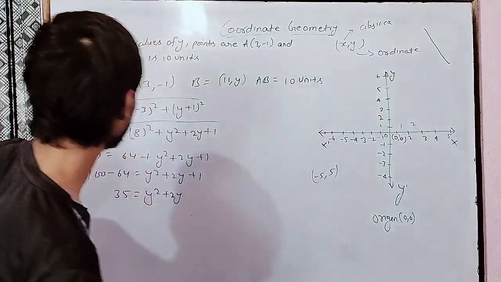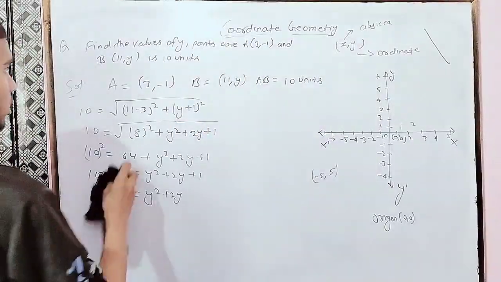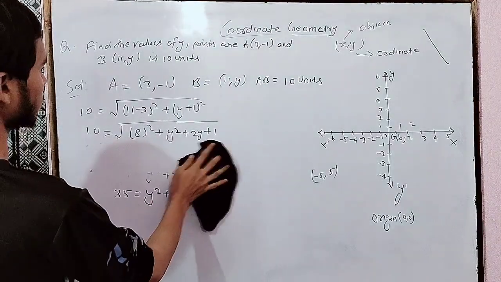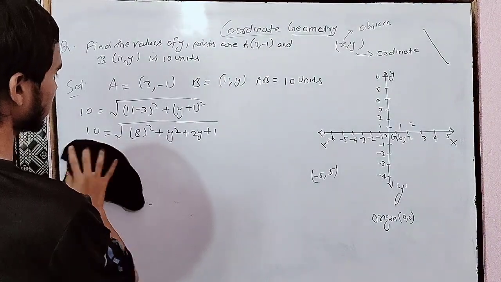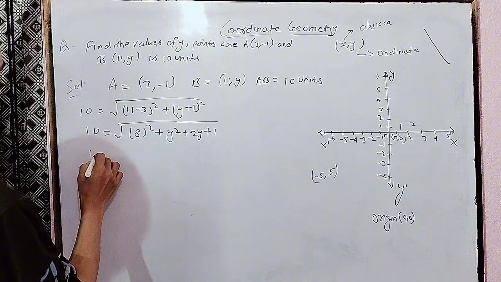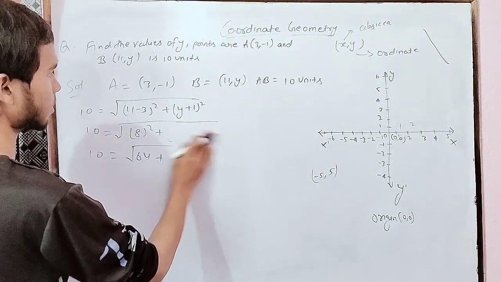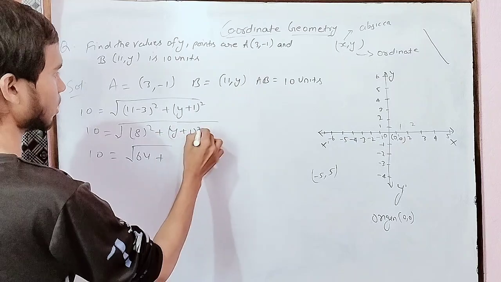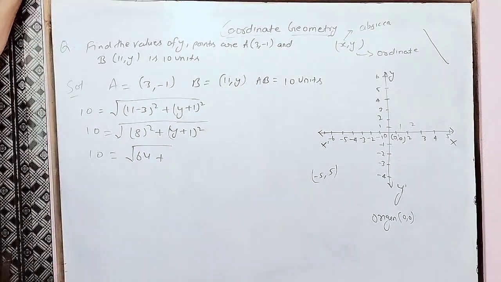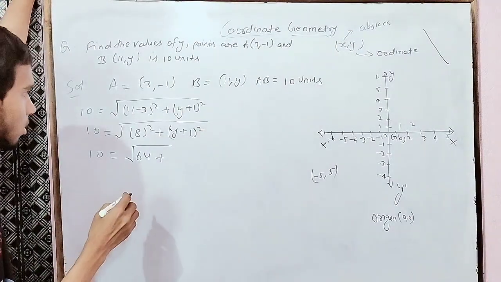So I think I should do this, 10, 64 and this as it. Okay.